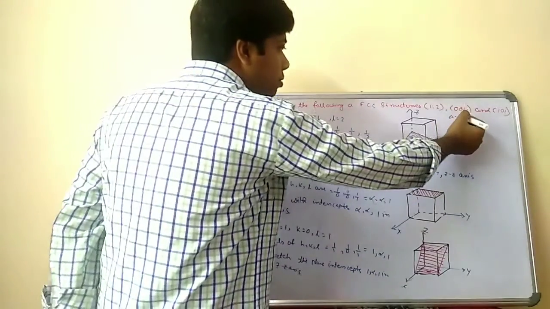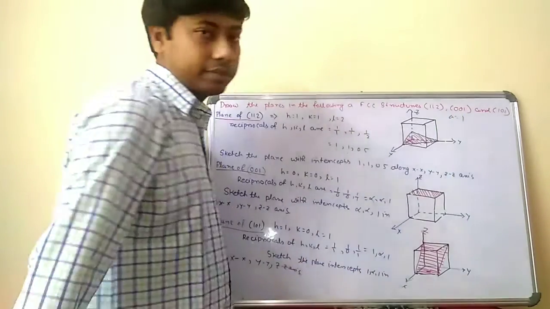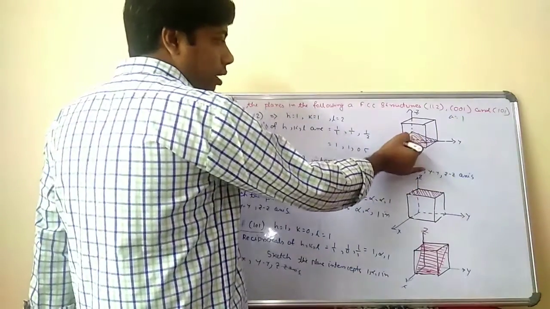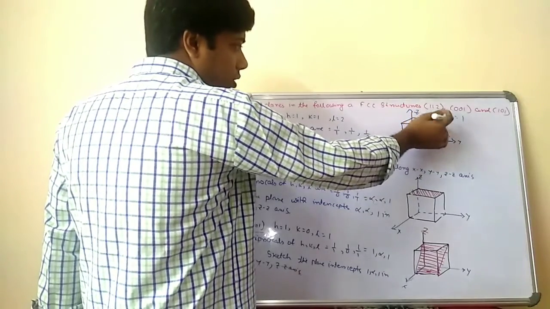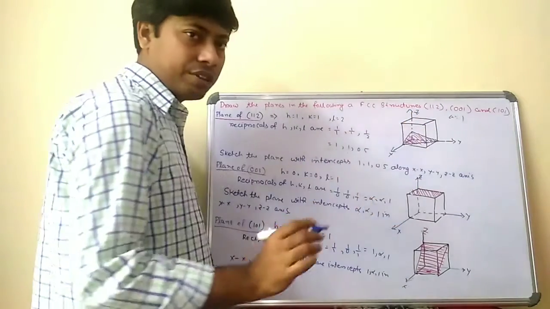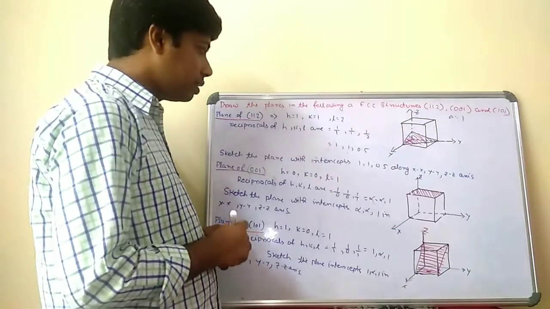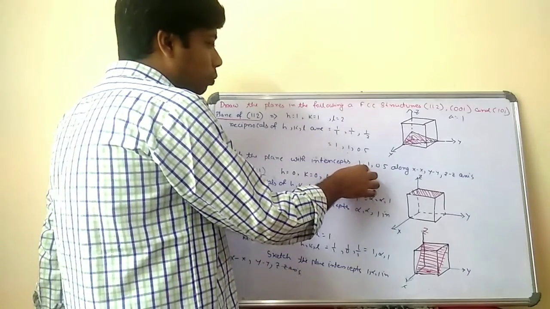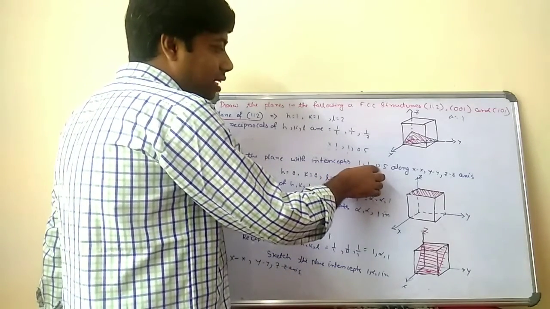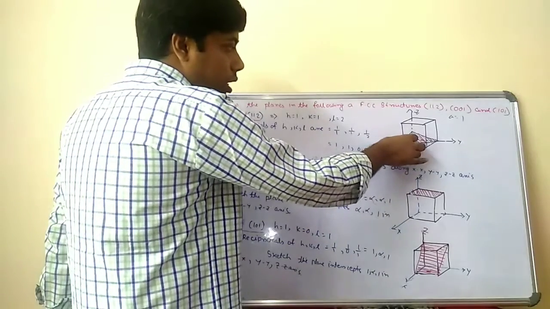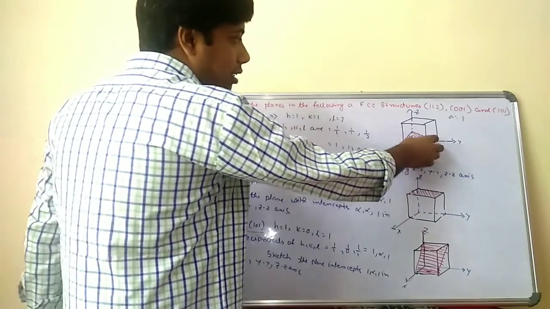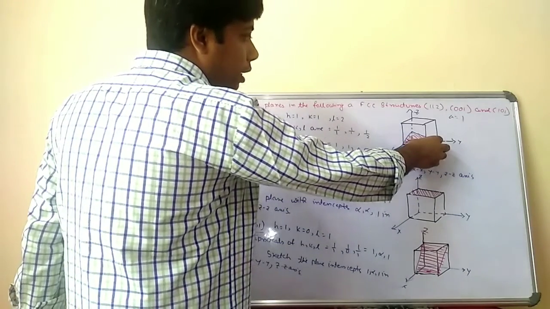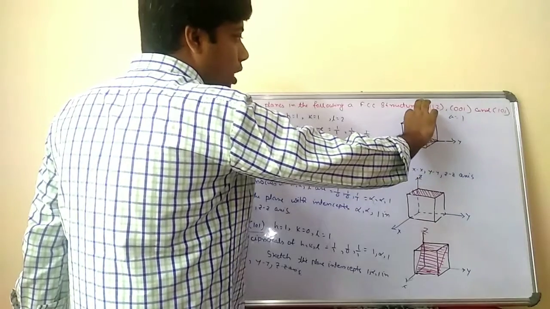Suppose here a is equal to 1, so that is one length, that is also one length. So each length is 1 unit. Now the intercept point in x-axis is 1, in y-axis also 1, and z-axis is 0.5. So if it is 1 on the x-axis, this 1 point here, okay, and on the z-axis, it is totally 1.